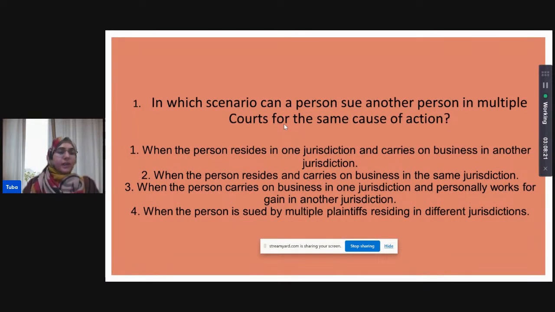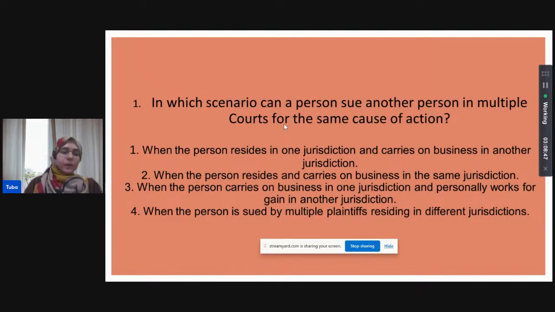In which scenario can a person sue another person in multiple courts for the same cause of action? So, in which of the following scenarios can a person sue one person in multiple courts for the same cause of action? So, is it when the person resides in one jurisdiction and carries on business in another jurisdiction?